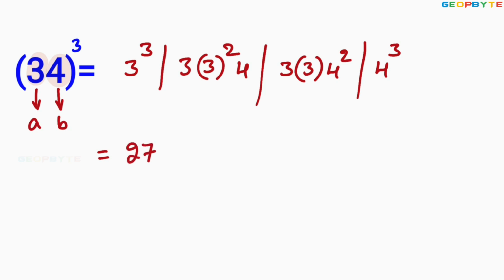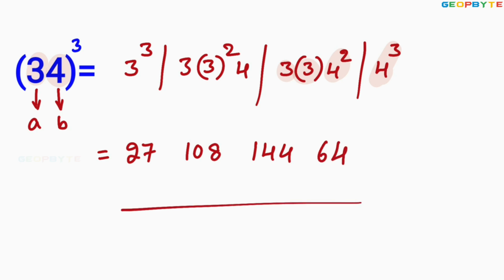3 into 3 square into 4. 3 square is 9. 9 into 3, 27 into 4, 108. Then 3 into 3 into 4 square: 4 square, 16 into 3, 48 into 3, 144. Finally, 4 cube is 64.